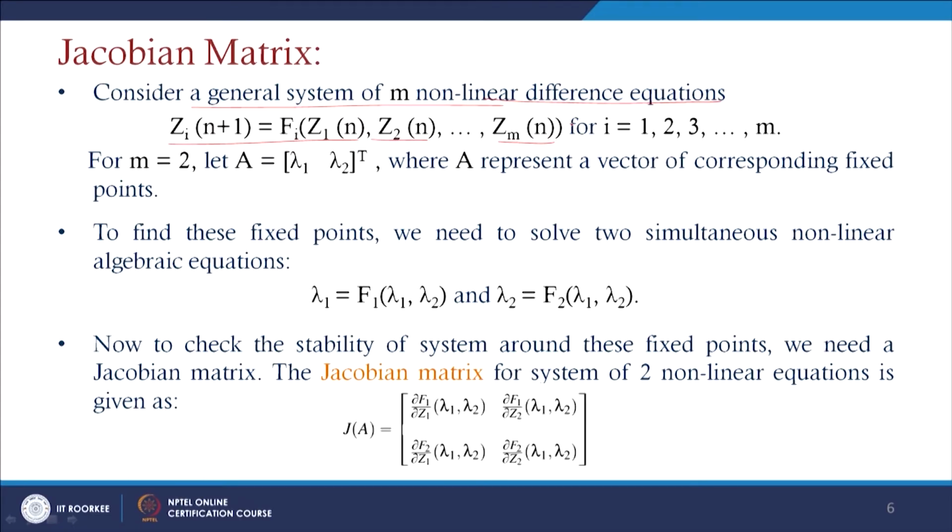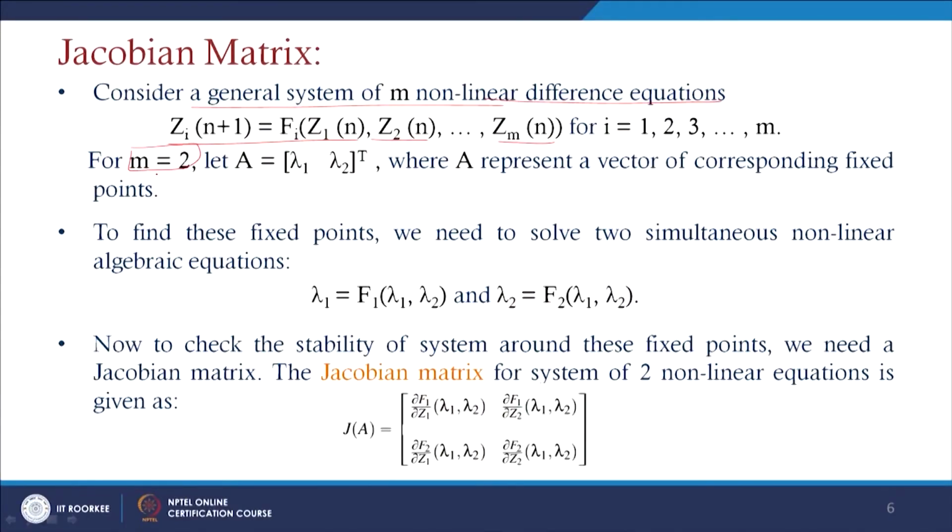Suppose for a two coupled system, that is m equals 2, two fixed points will occur for these systems. Assume these fixed points as lambda 1 and lambda 2.